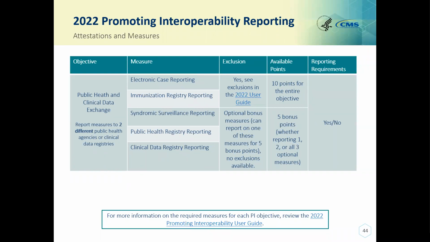The second level is that you're in testing and validation with the registry. And the third option is that you're actively submitting data to the registry. So any one of those would fulfill the measure and you could say yes. The same applies for syndromic public health reporting and clinical data registry reporting. And again, if you submit 1, you would earn 5 bonus points. Next slide, please.